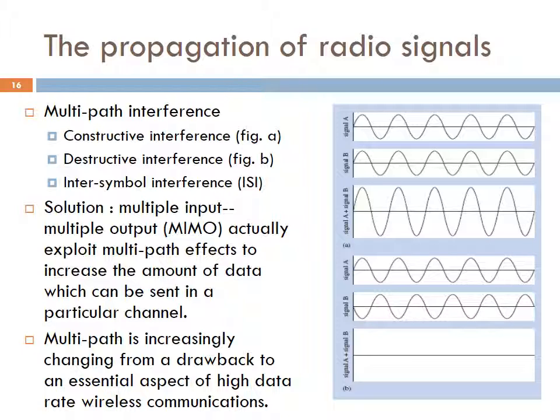All these effects are called multipath interference, or just multipath, and have been one of the biggest problems in achieving reliable coverage with mobile phone systems.